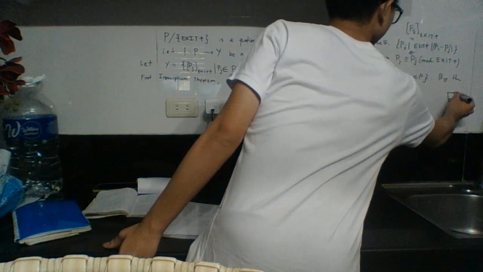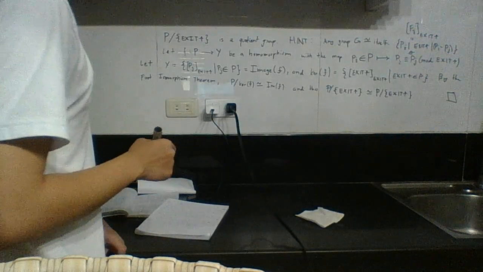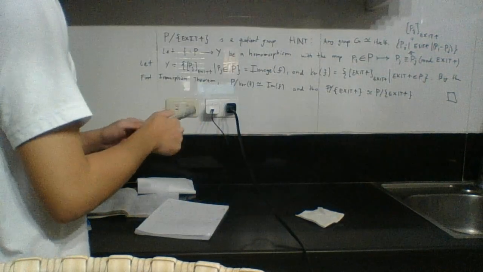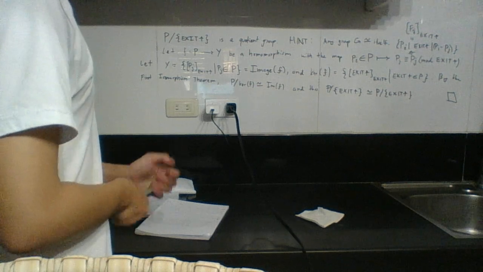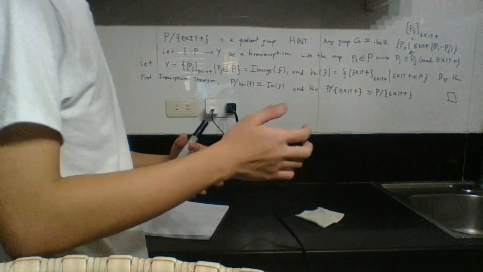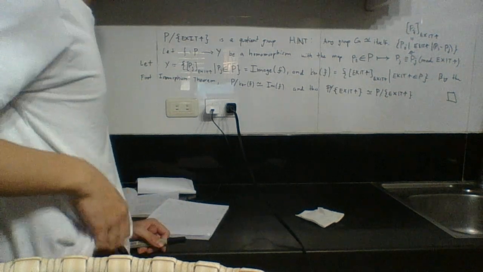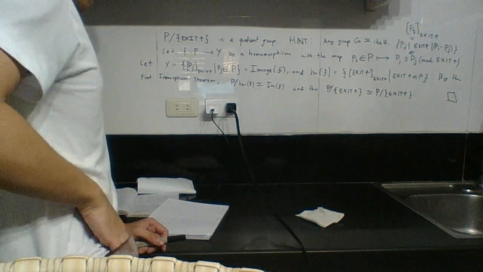Again, I would appreciate it if you guys were to find a better proof for this, but this is the proof. And this is the hint: any group G is isomorphic to itself, and just use the first isomorphism theorem. Okay, so there it is.